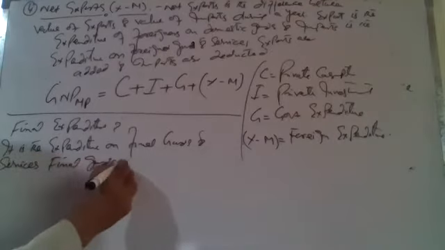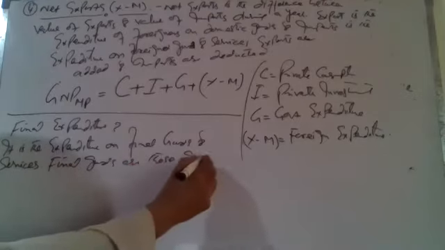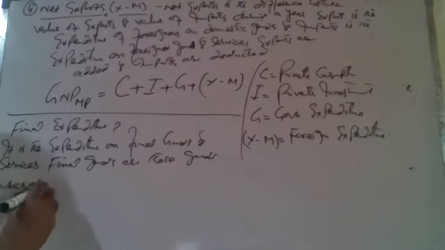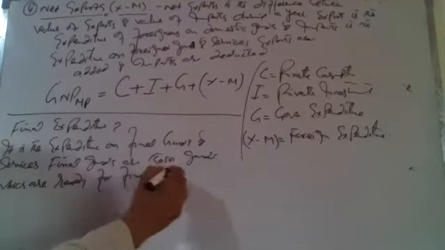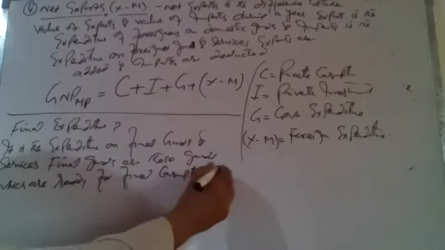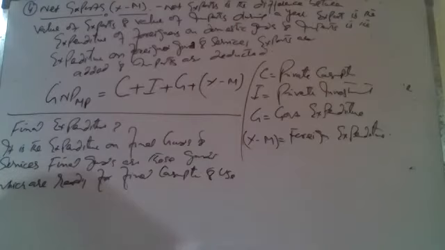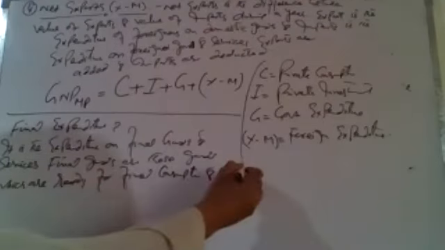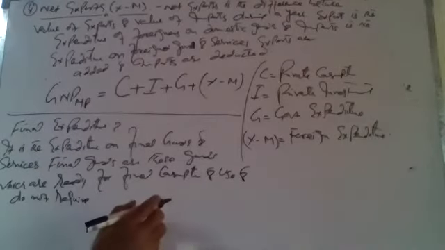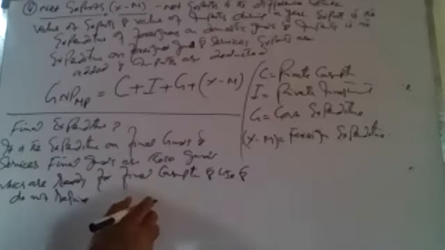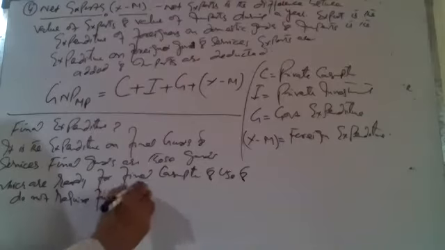What are final goods? Final goods are those goods which are ready for final consumption and use, and do not require a further process of production.